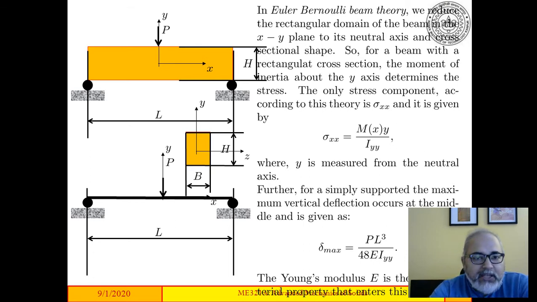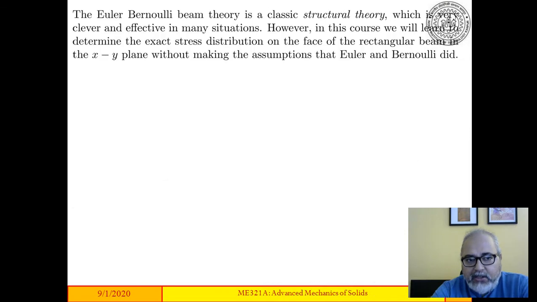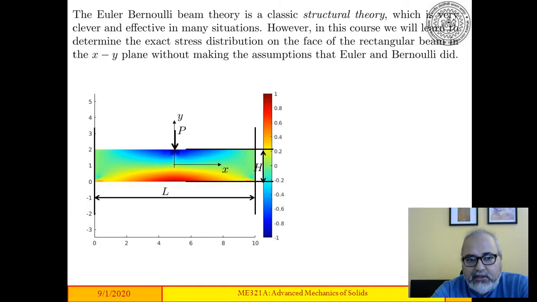But let me look at a few situations when the information that we get from this theory is not sufficient for us. Let us look at the situation here. Euler-Bernoulli beam theory gives you the distribution of the stresses.